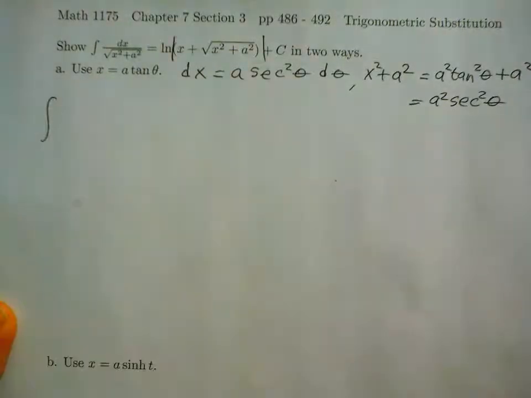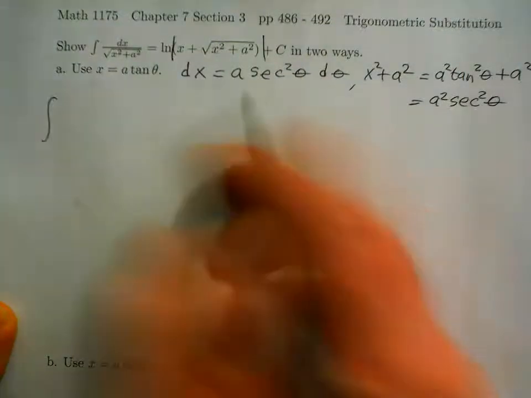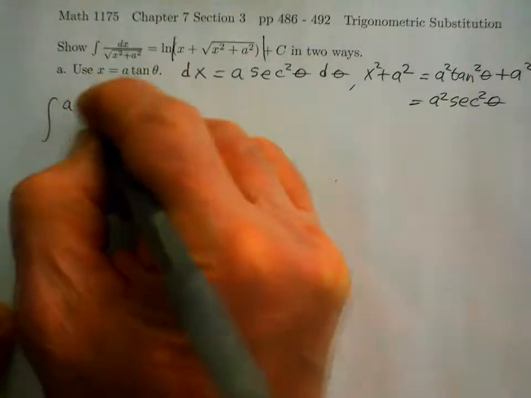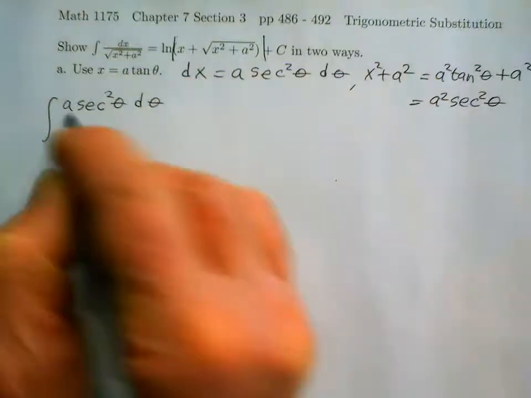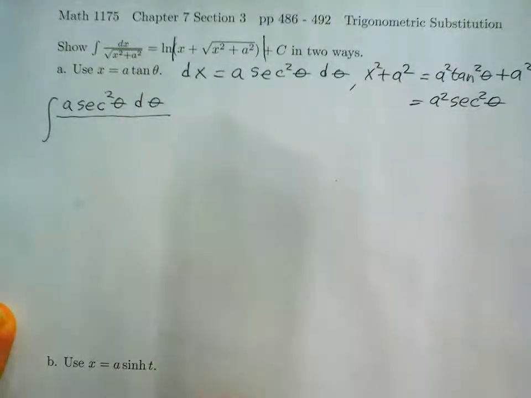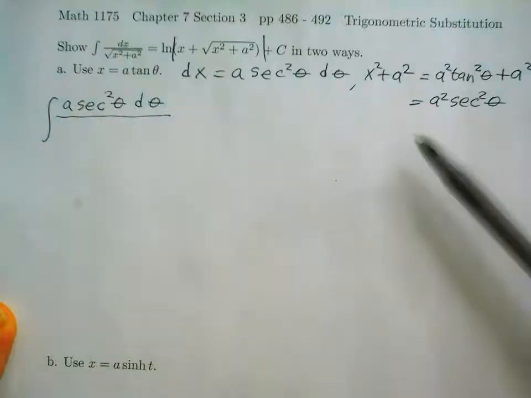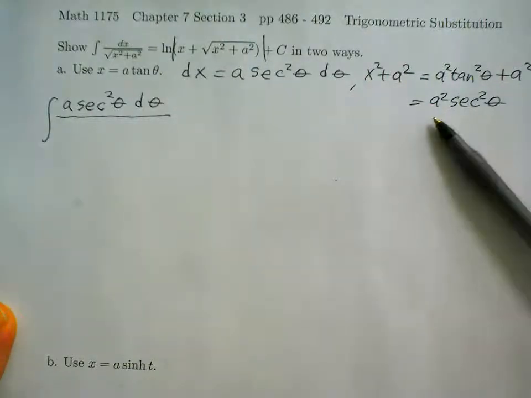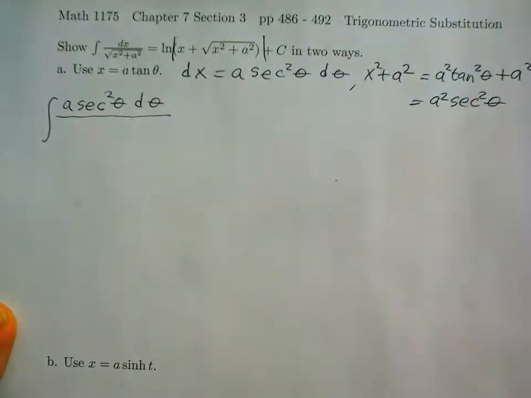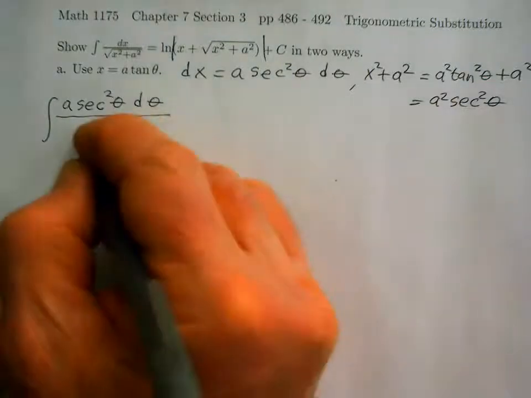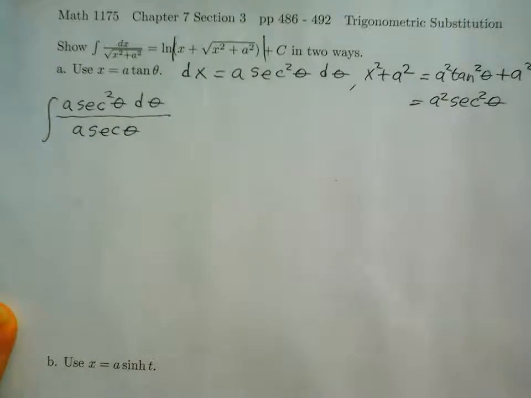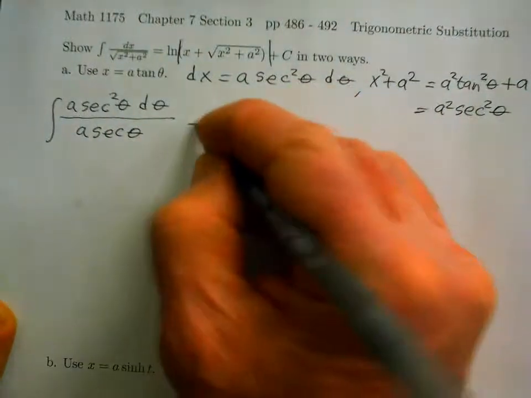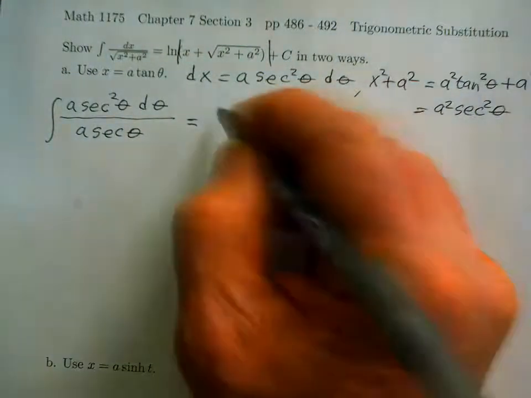Okay, so in the numerator, we'll replace dx with a times secant of theta squared d theta. In the denominator, we have the square root of the quantity a squared times secant of theta squared, so that will simplify to a times secant of theta. So this is the third time that we've seen this today.